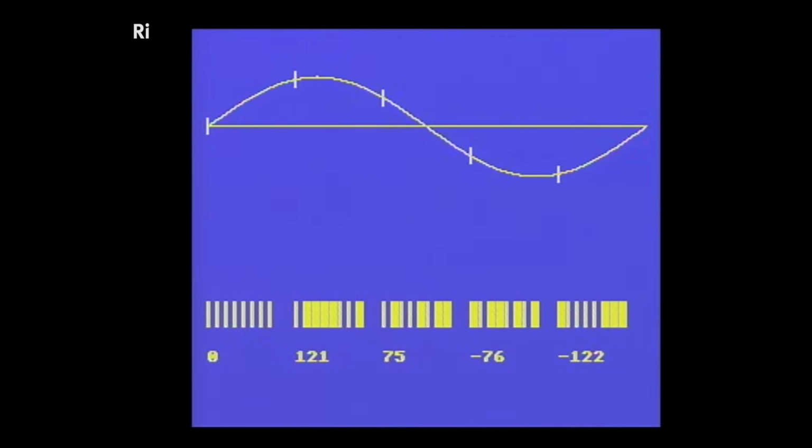The wave can be represented by a train of digits by measuring the height of the wave at regular intervals, as shown by the little vertical bars, and representing that height as a number in an 8-bit word as shown down below. A narrow bar represents a 0, a wide bar represents a 1.